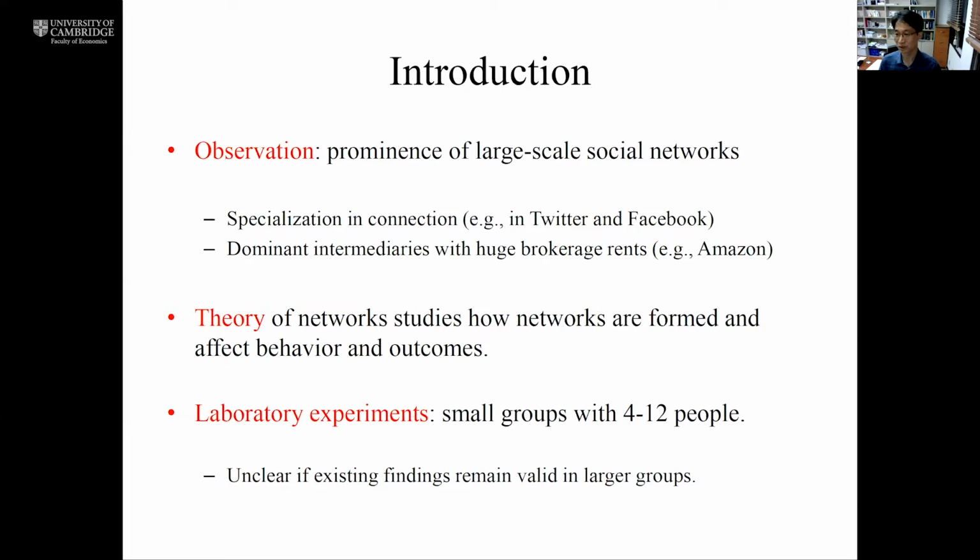Examples are Twitter and Facebook, and also the emergence of dominant intermediaries with a huge brokerage rent, such as Amazon. And the economic theory of networks offers insights on how these networks are formed and how they affect people's behavior and also the outcomes in society.